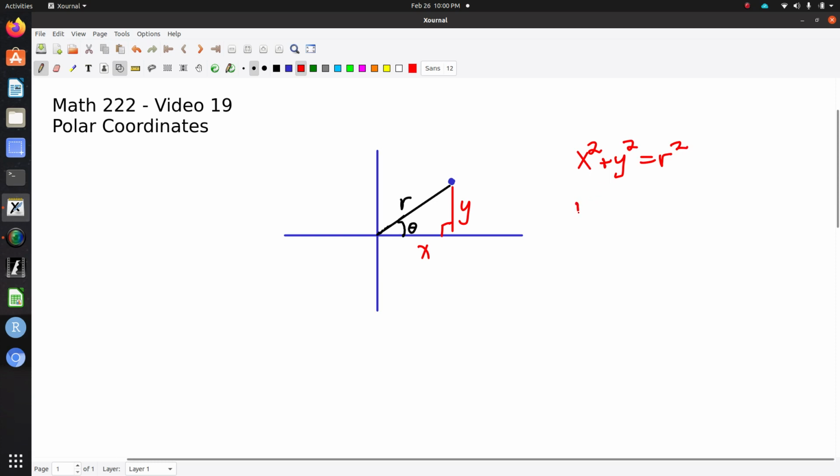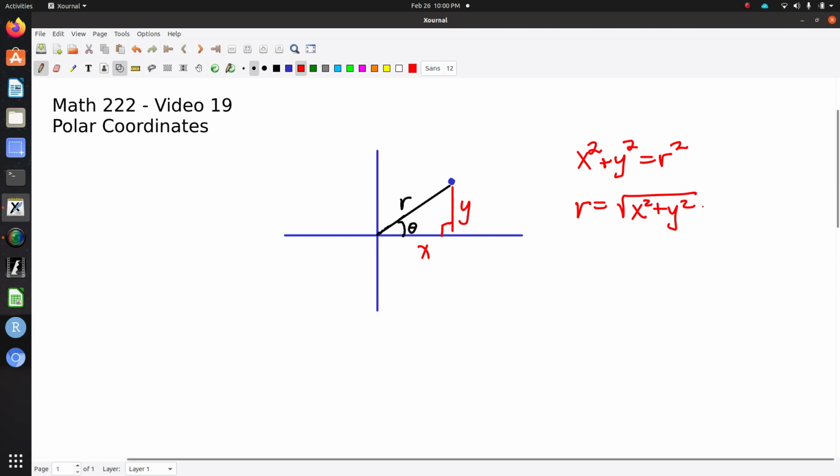So r is equal to the square root of x squared plus y squared, and we do not have to worry about the negative square root because we only use positive. Well, we don't always use positive radius. I just lied to you. Yeah, so in the beginning, we just use positive r. Let's just put it that way.